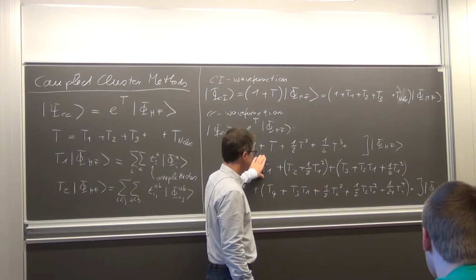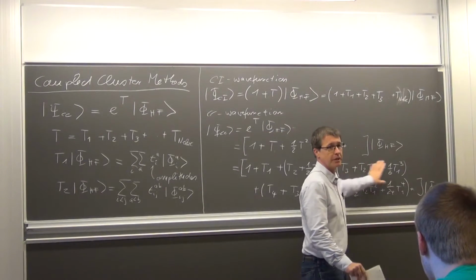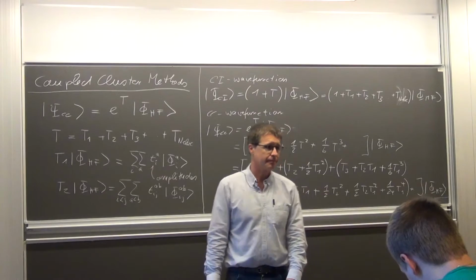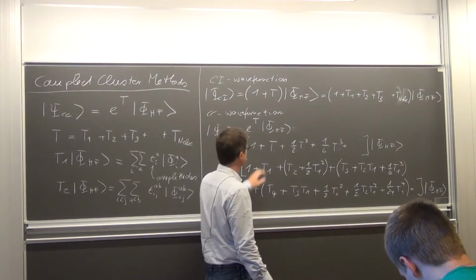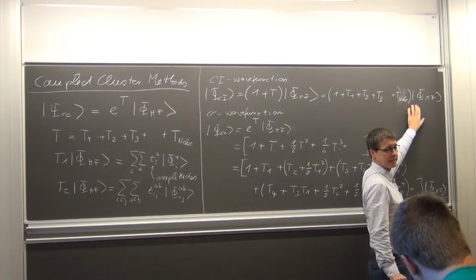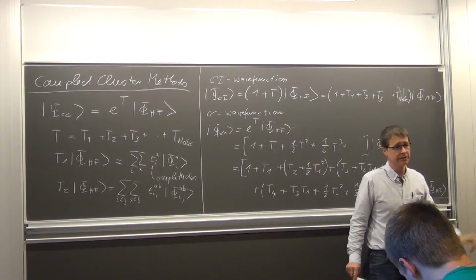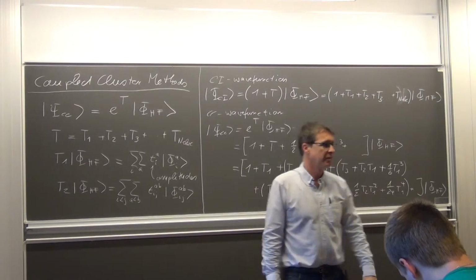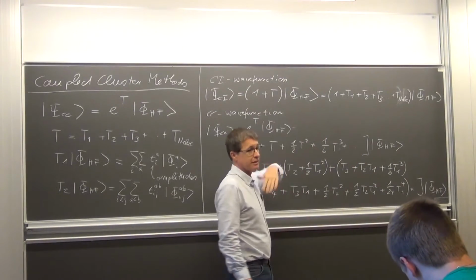They have all single excitations, they have double, triple, quadruple, and so forth excitations. The difference between them is that up here, every excited determinant has one coefficient, which in the CI wave function I determine variationally.